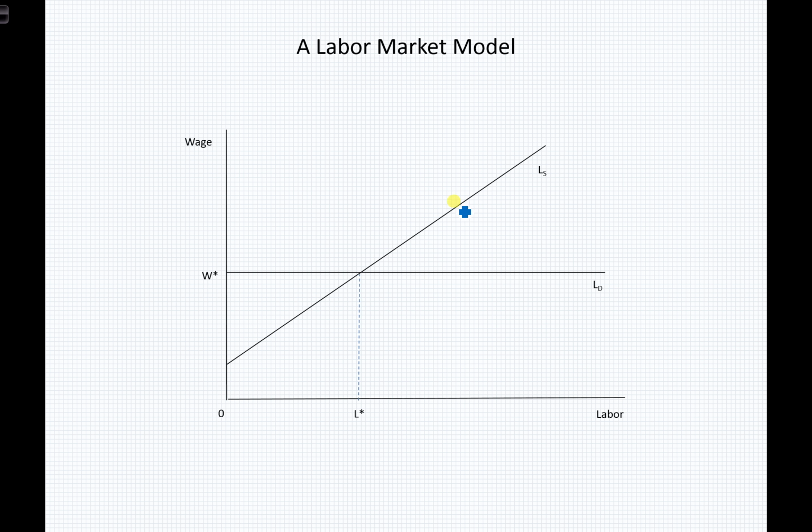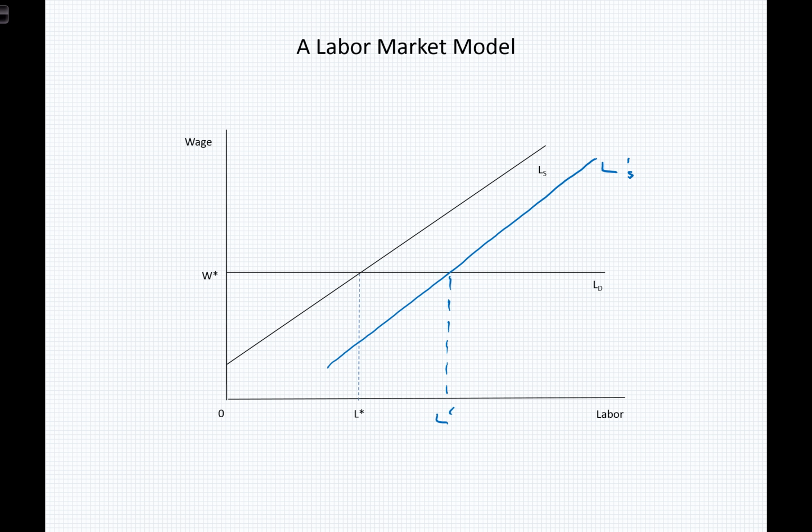We go a little bit further here, and this is going to be where we see a normally shaped labor supply curve and yet a perfectly horizontal labor demand curve. Well, what would this mean? This would mean that at W star, firms are willing to employ as many workers as present themselves. So if labor supply, say, moved out and to the right, so we saw an increase in labor supply to LS prime, well, the firms are happy to employ them, and they will still pay W star.